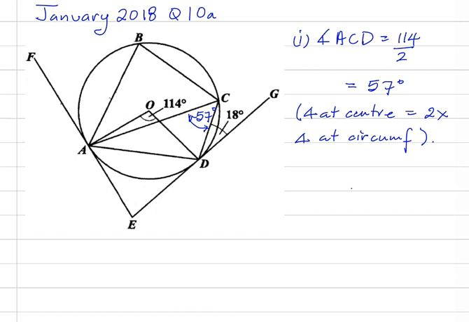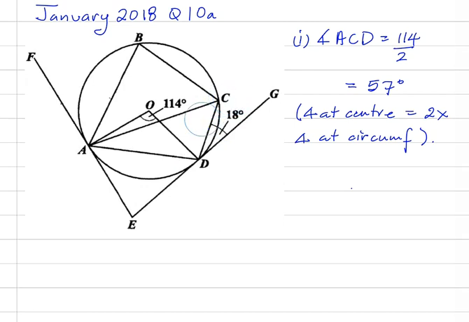Essentially, we need to be able to identify how we identify angle at the center and angle at the circumference. Both of them must start and end at the same point. So both angles start at A and end at D. One goes to the center, angle AOD, which is the angle at the center, and angle ACD is at the circumference.